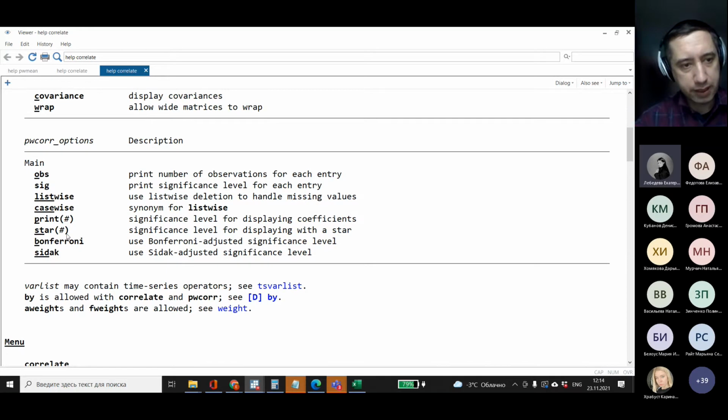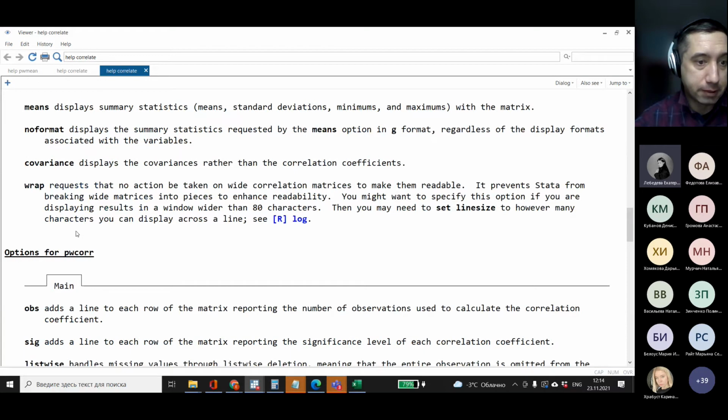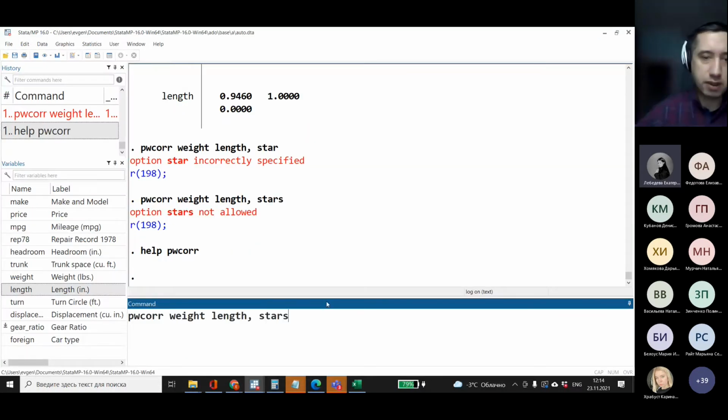This option has brackets. When we work with star, we have to identify significance levels or alphas, for example 0.1, 0.01 or 0.05. Personally I usually use star 0.05.